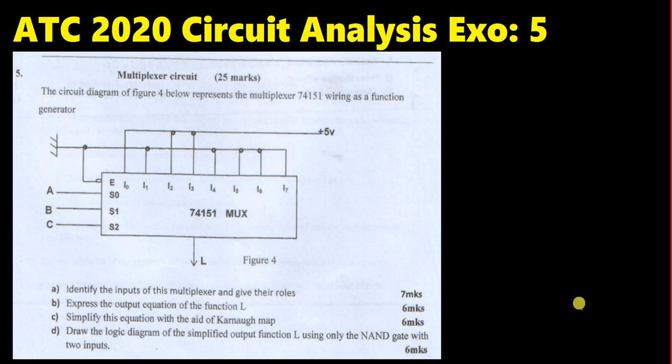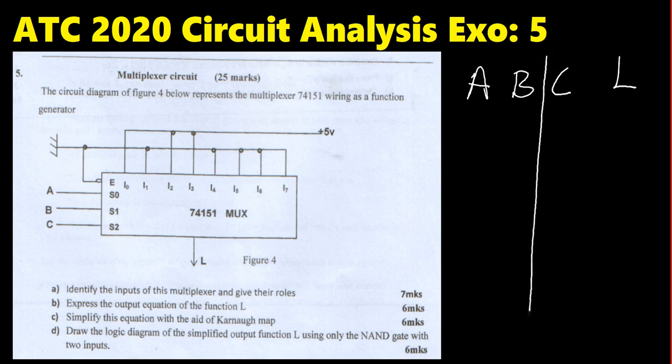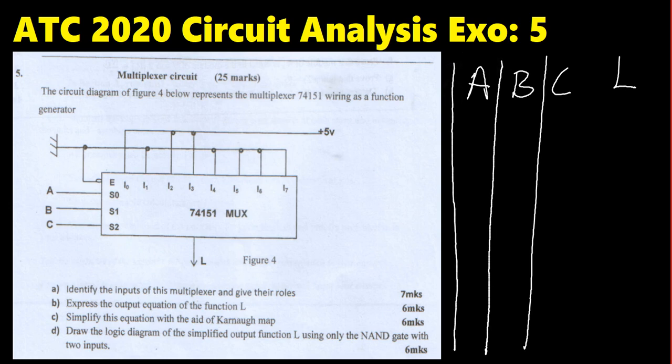We have 3 inputs, A, B, C, and the output is L. The truth table is shown like this.